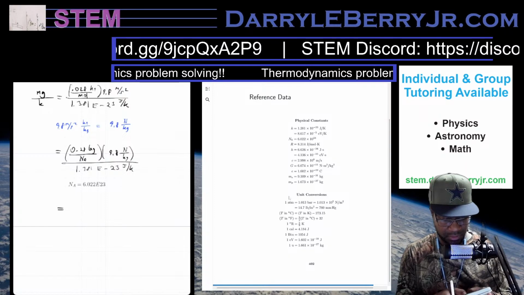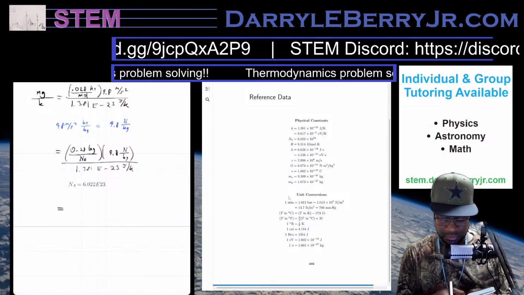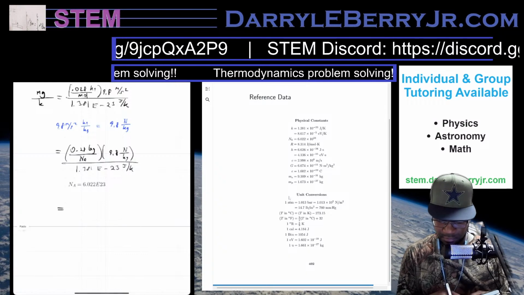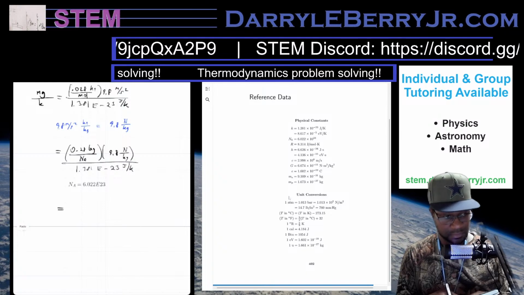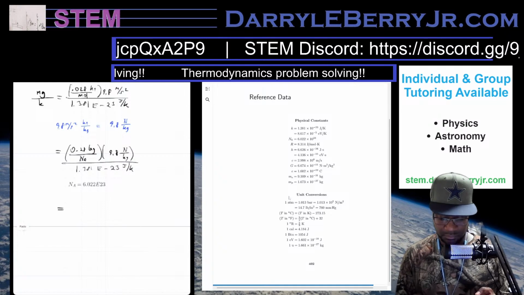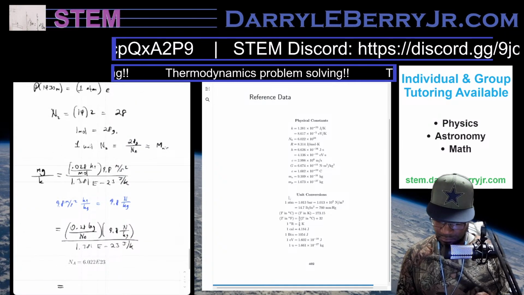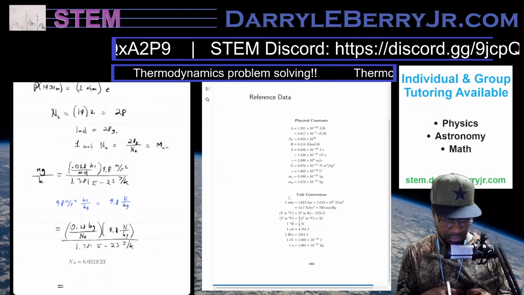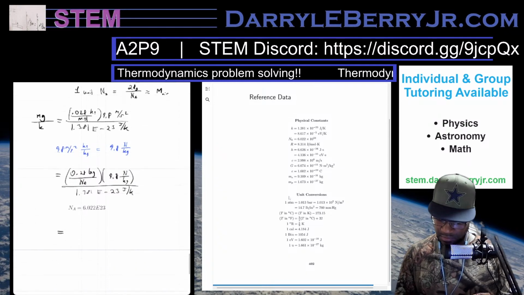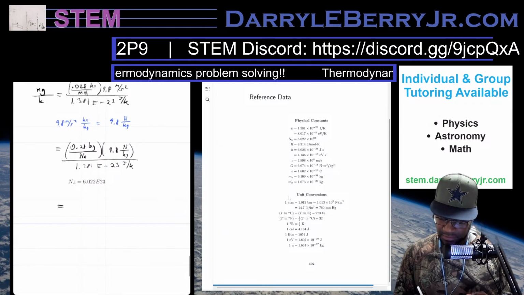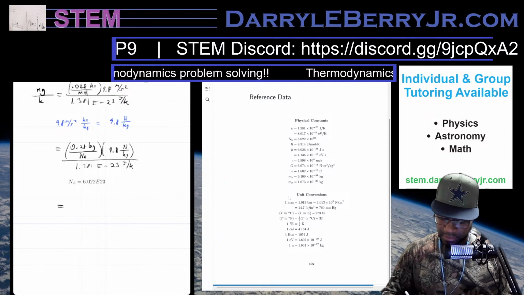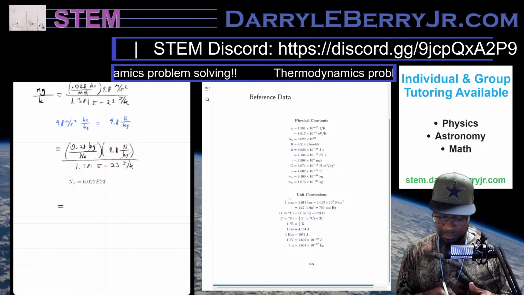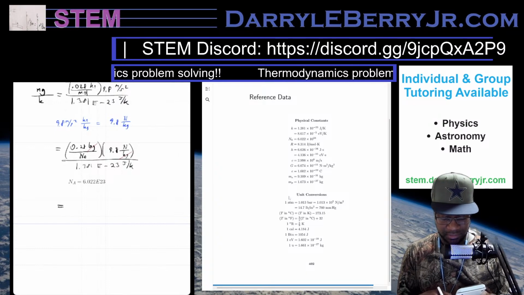0.28 divided by 6.022 times 10 to the 23. And considering that this kilogram will cancel this kilogram, multiply that by 9.8.